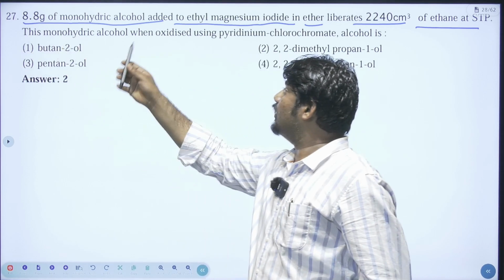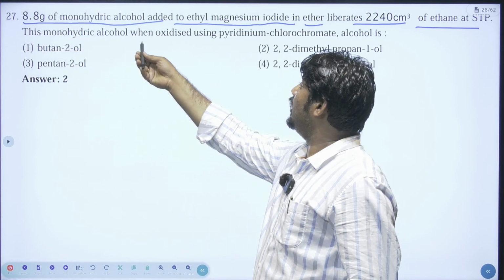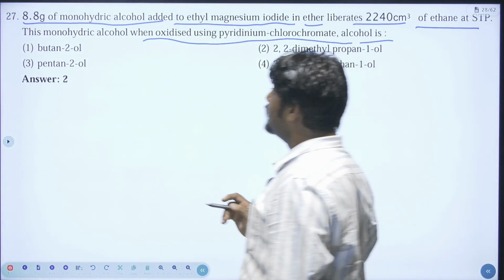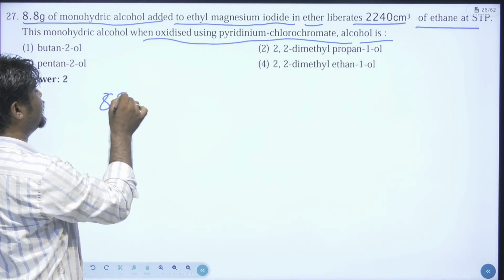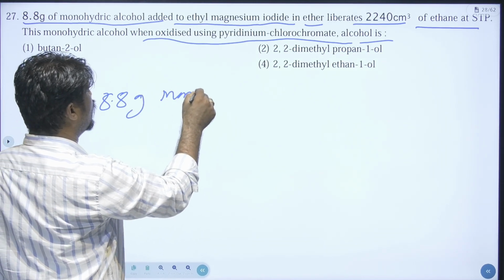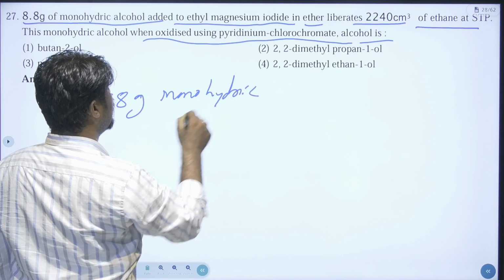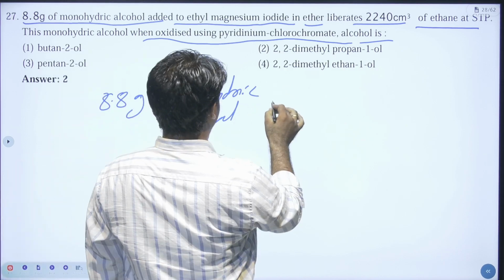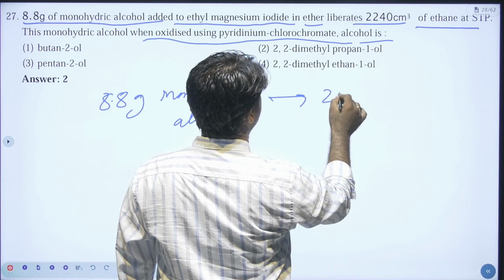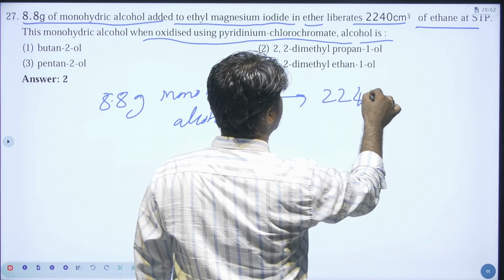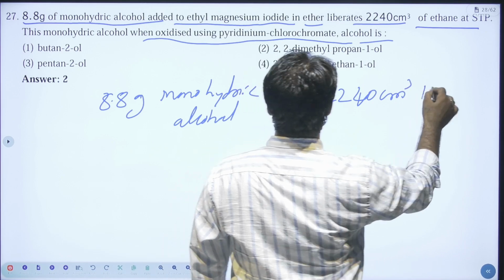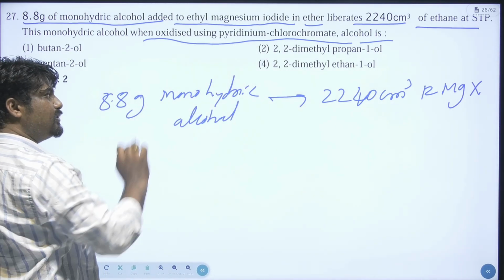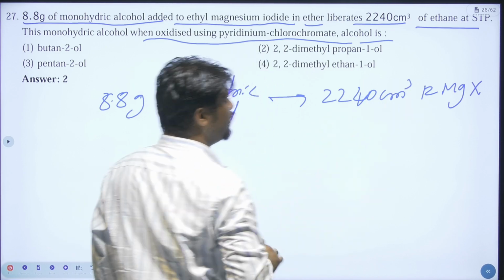This monohydric alcohol, when oxidized using pyridinium chlorochromate, gives what? Here for 8.8 grams of monohydric alcohol, 2240 cm cube of Grignard reagent is required.